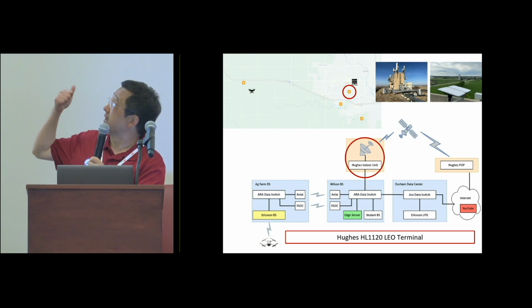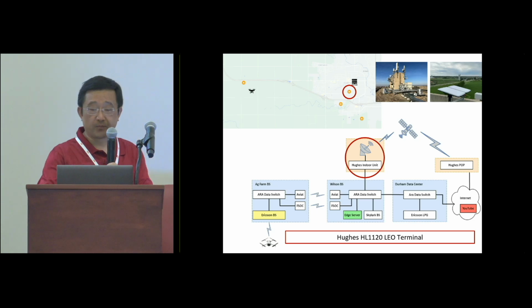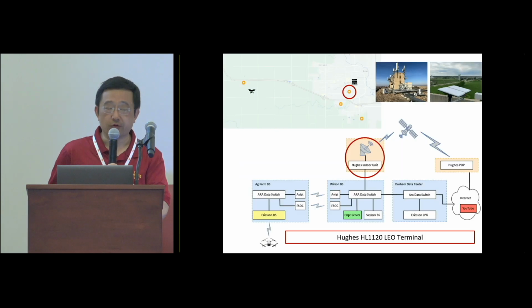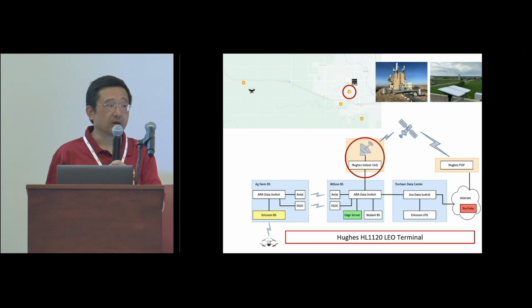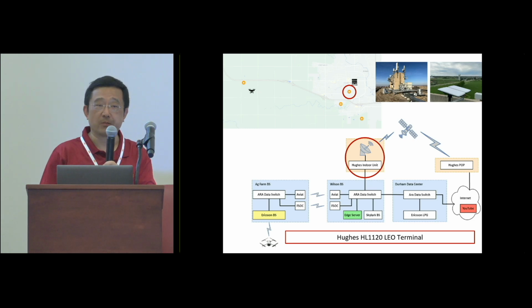It sits right next to all the other equipment on the Wilson Hall rooftop. Okay, and then finally, through that link and through the Hughes network, it eventually reaches YouTube or any public IP server. Okay, so that's basically the entire setup, with some technical details and model numbers and so forth.